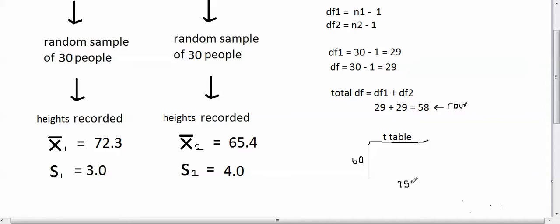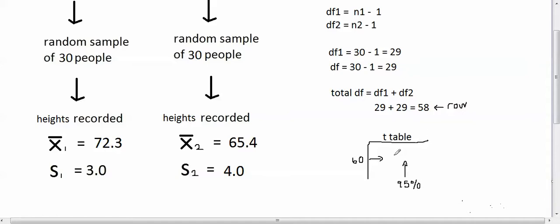You just have to go to the bottom of the table and go to where it says 95%, and that's your column. The row that you'll use depends on which answer you get when you do these calculations.